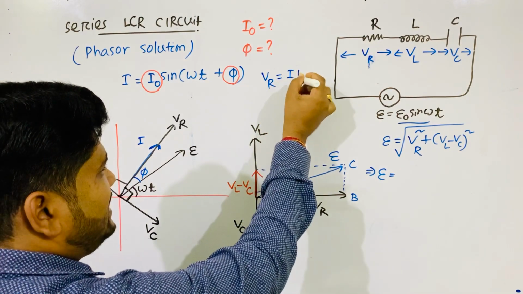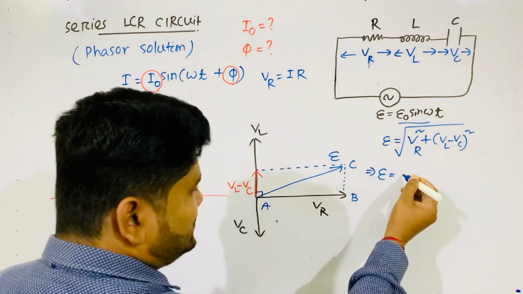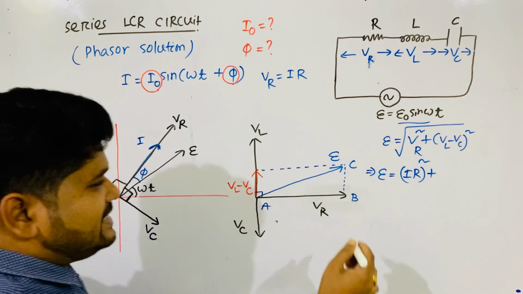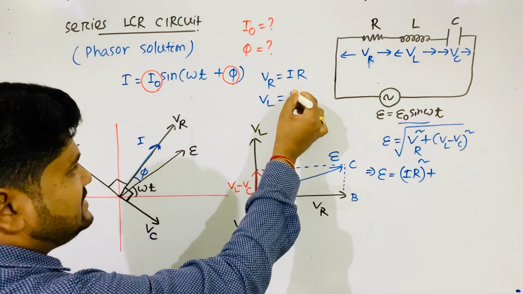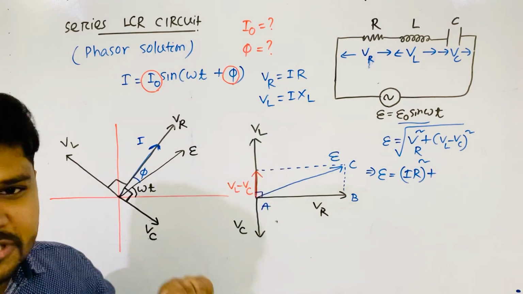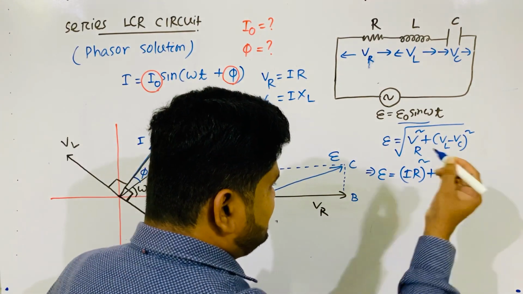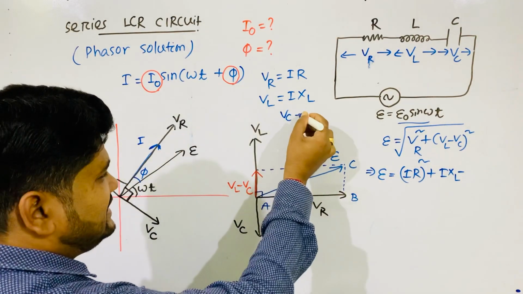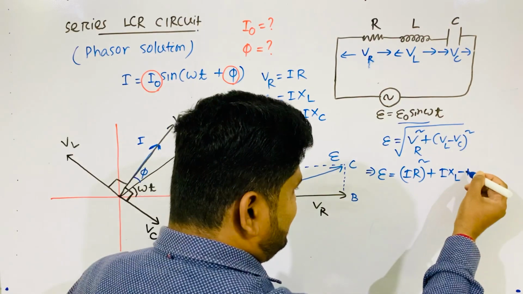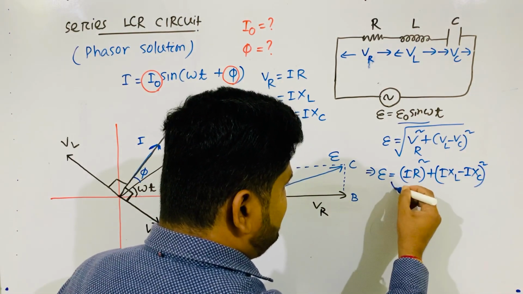VR is nothing but IR, current into resistance. VL is I into XL. VC is I into XC. Put them here, squared, then root over.